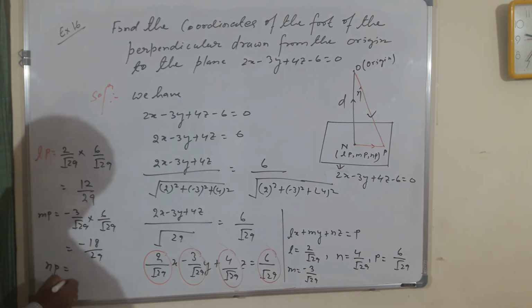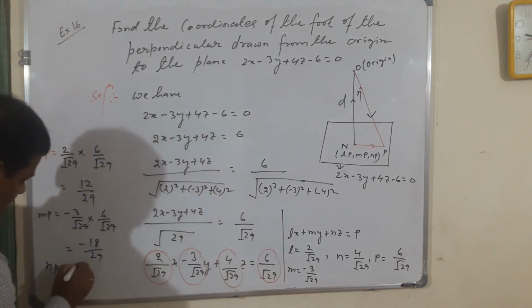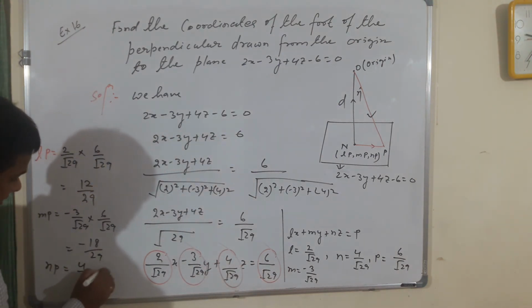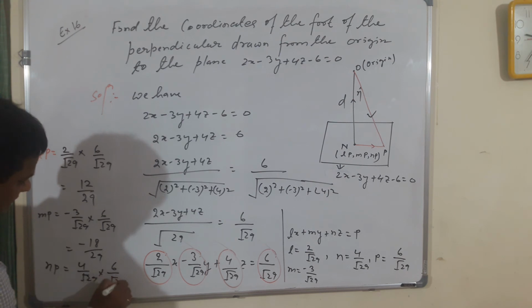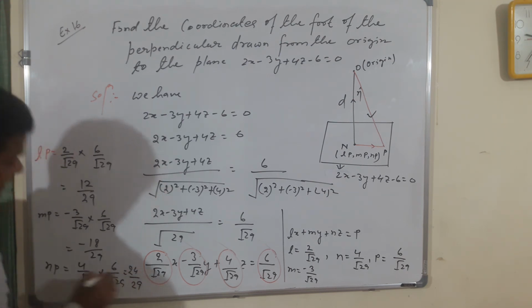NP is 4 by root 29 into 6 by root 29, which is 24 by 29.